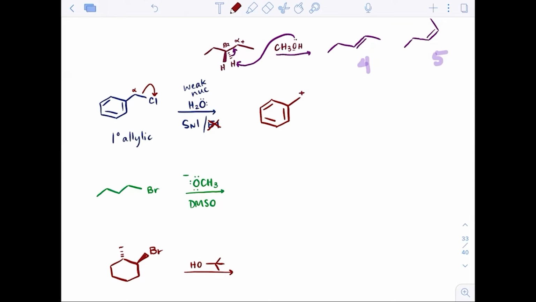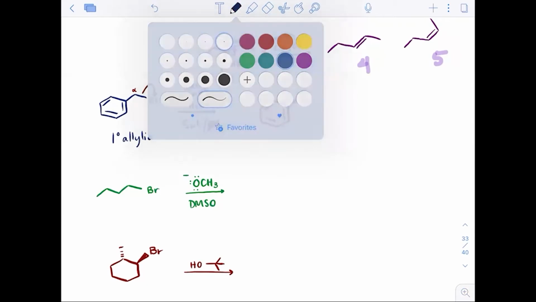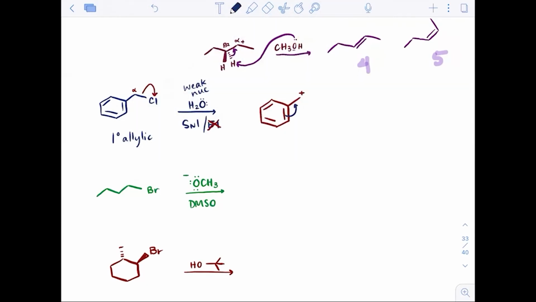It's primary benzylic. But again, when we think about the resonance, there's something very special with benzene, and I want to draw it, but we're going to erase it right after that. Benzene can do resonance. It's very helpful for benzene to do this resonance for that position so that we see that that primary carbocation is stabilized. But notice how now one of the double bonds is outside of the 6-membered ring.